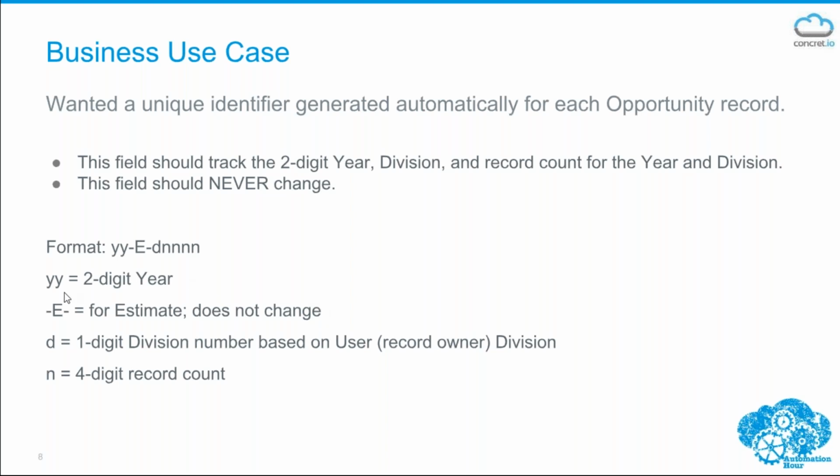And this was the format: a 2-digit year and a -E for estimate, which was okay to hard code, a 1-digit division number based on the user division, and a 4-digit record count.